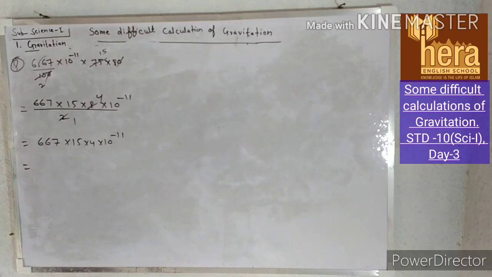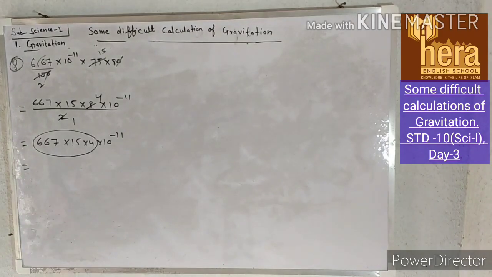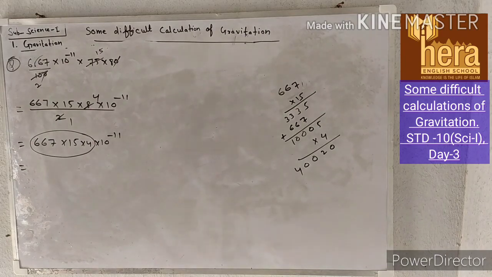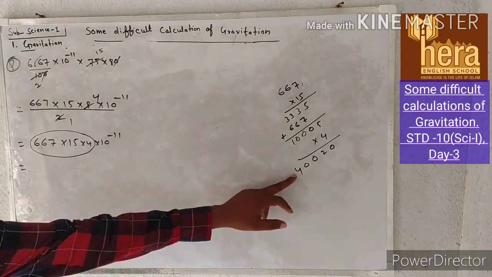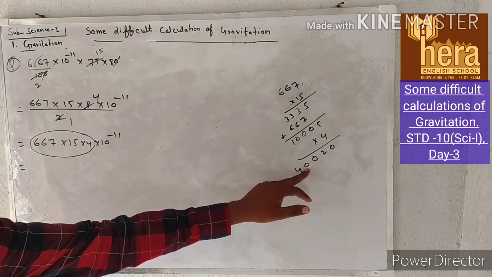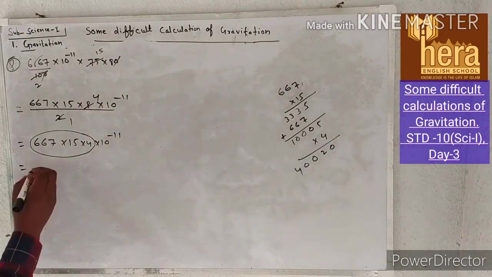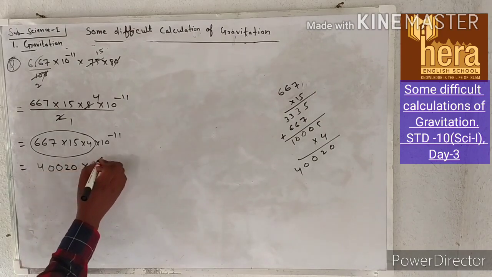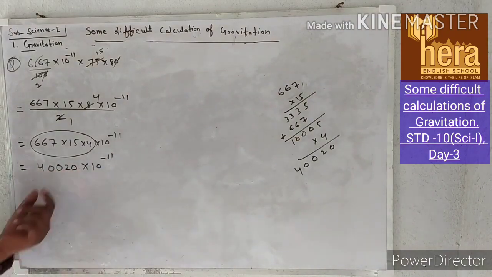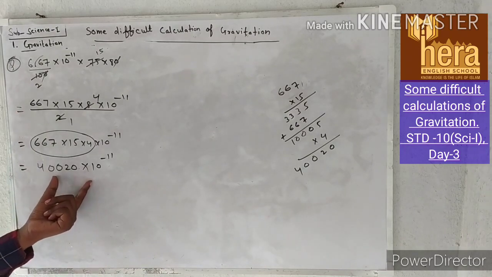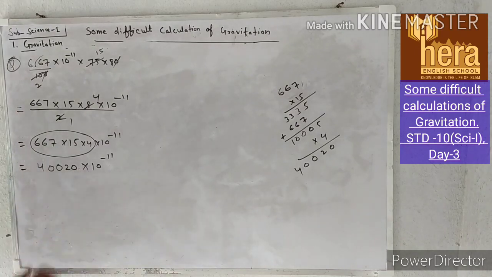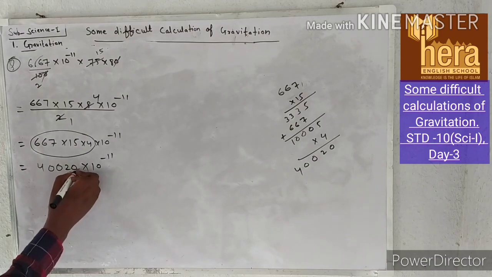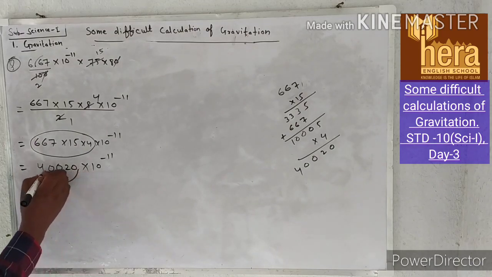This will be equal to, you have to multiply all these numbers. After multiplication you will get 40020. So this will be equal to 40020 into 10 raised to minus 11. See, this is not in scientific notation. So here decimal is here, and you have to shift it from here to here.